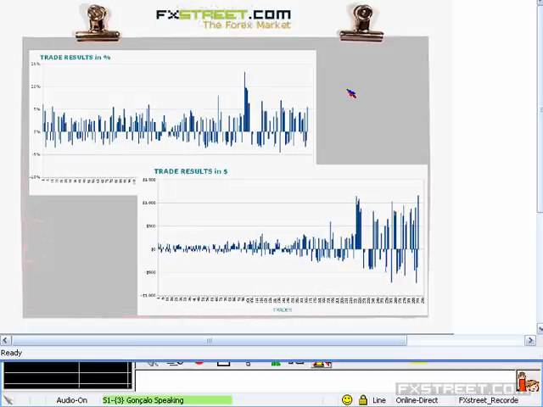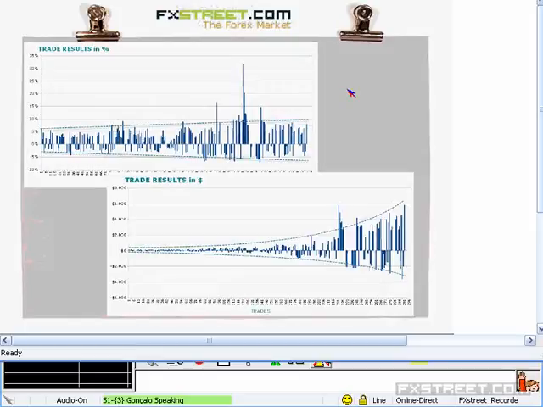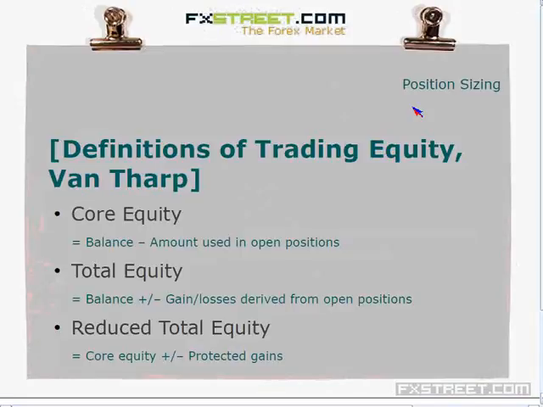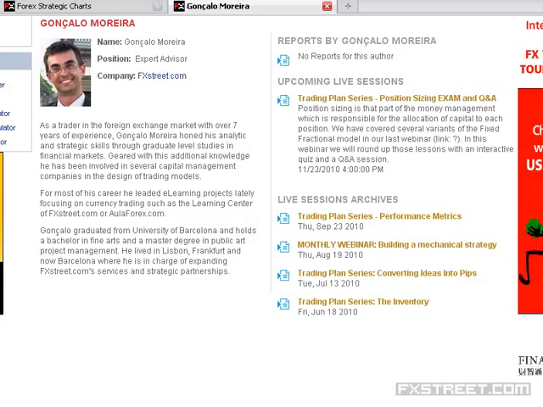So basically, what we covered, we have also one of the techniques we haven't talked about, which is the split version that we may talk about on further occasions in future webinars, and also definitions of trading equity and so on. I guess all these you can find in the Learning Center.